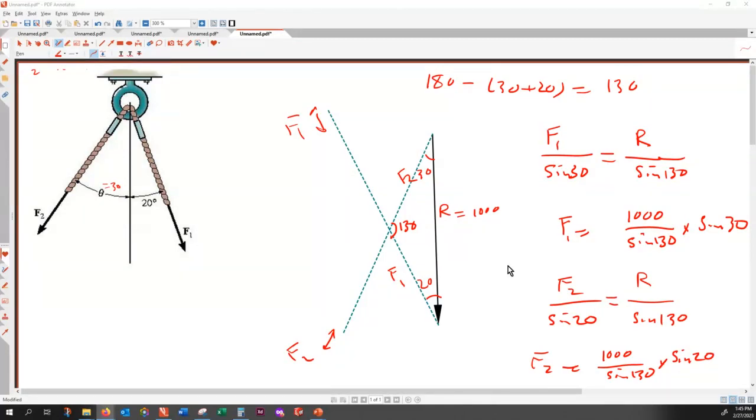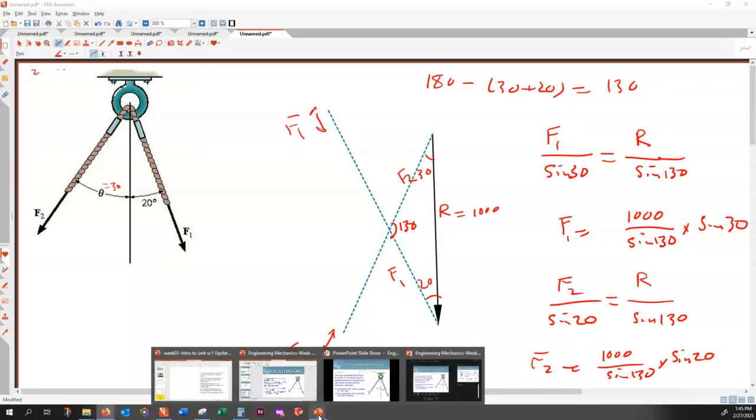All right, so that is to find out the resultant force by solving the triangle. And the trick is, because you have all the angles and one side, the cosine law is not usable here. You have to use the sine law. And then the next part of the question is a bit tricky.